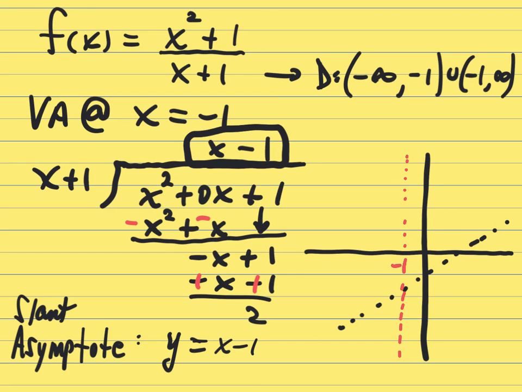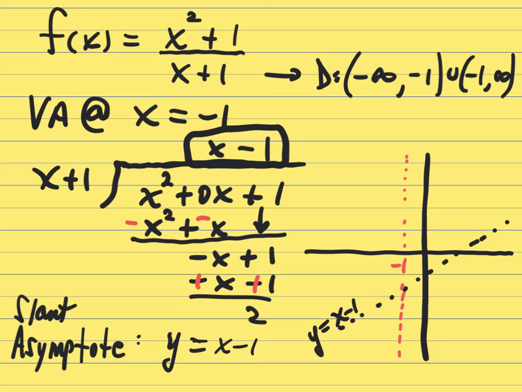We have a slant asymptote along the line y equals x minus 1. We don't have a horizontal asymptote. We have a slant asymptote. You can't have both. To my knowledge, you can't have both.